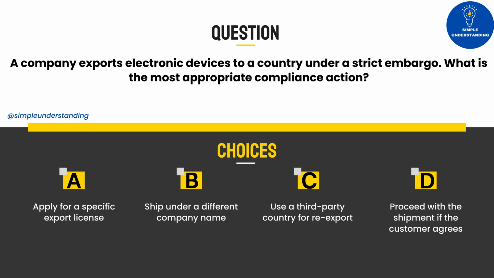7. A company exports electronic devices to a country under a strict embargo. What is the most appropriate compliance action? A. Apply for a specific export license. B. Ship under a different company name. C. Use a third-party country for re-export. D. Proceed with the shipment if the customer agrees.